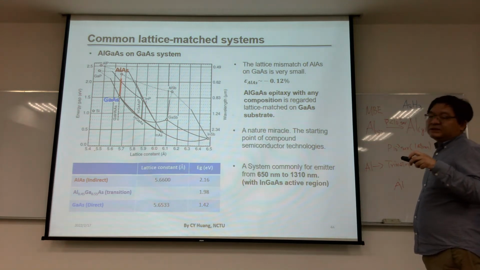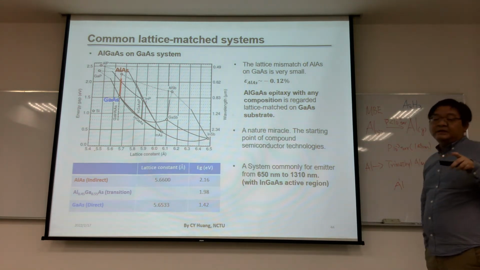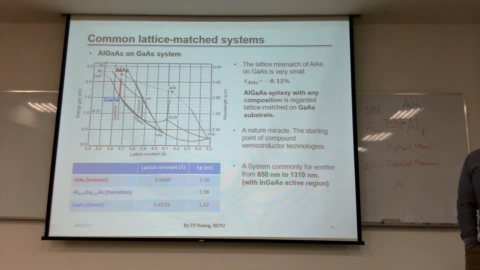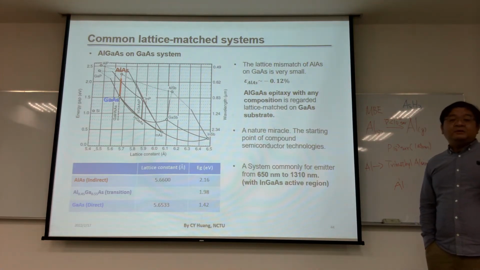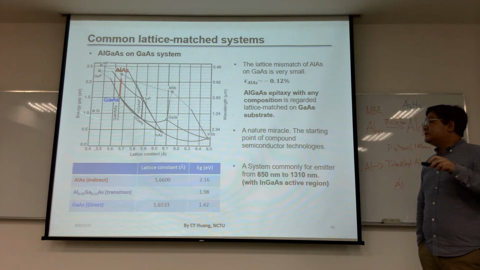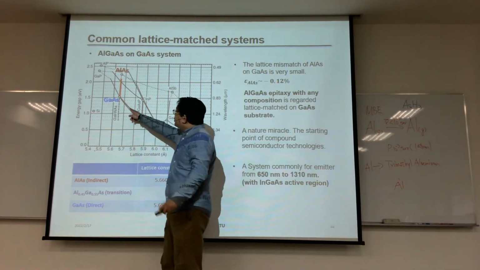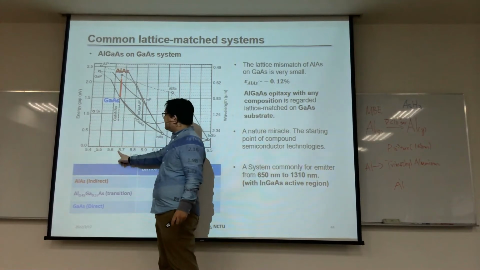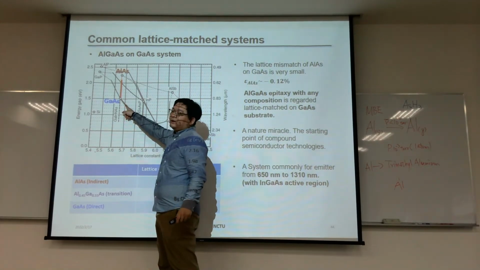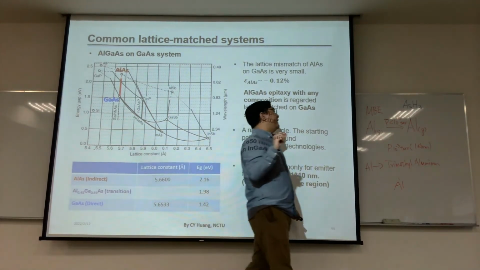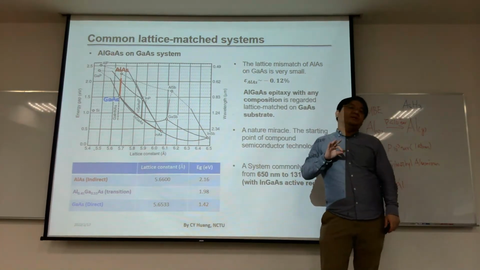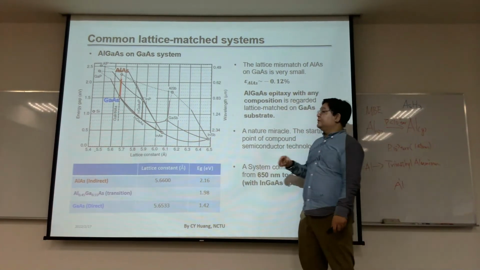However, as I stated, for a 980 nanometer VCSEL, basically you need to grow a 20% InGaAs layer, which is actually compressive strain. But since we only need to grow that layer about 3 nanometers thick, it's still acceptable.